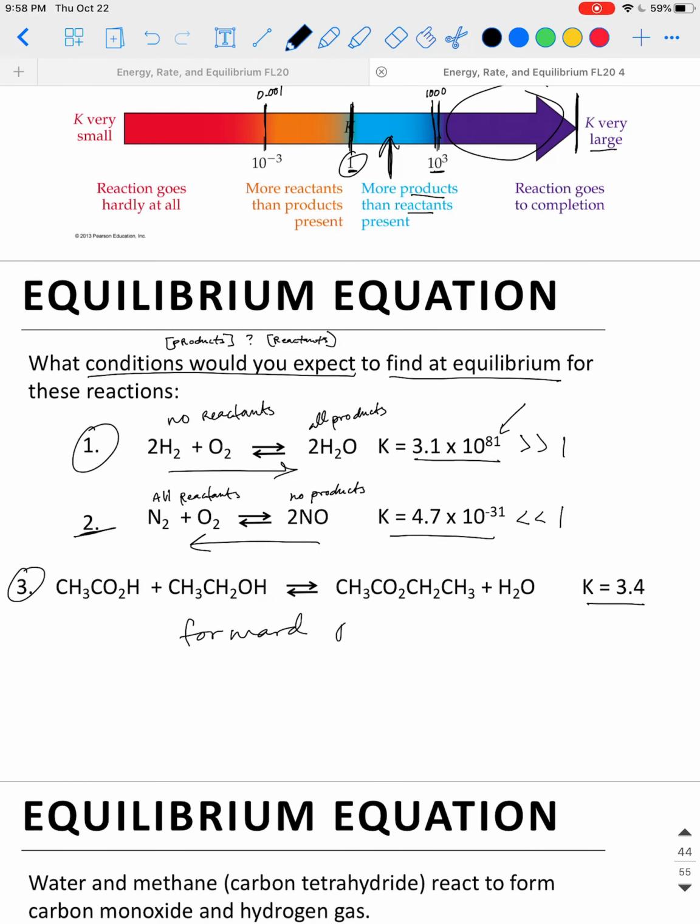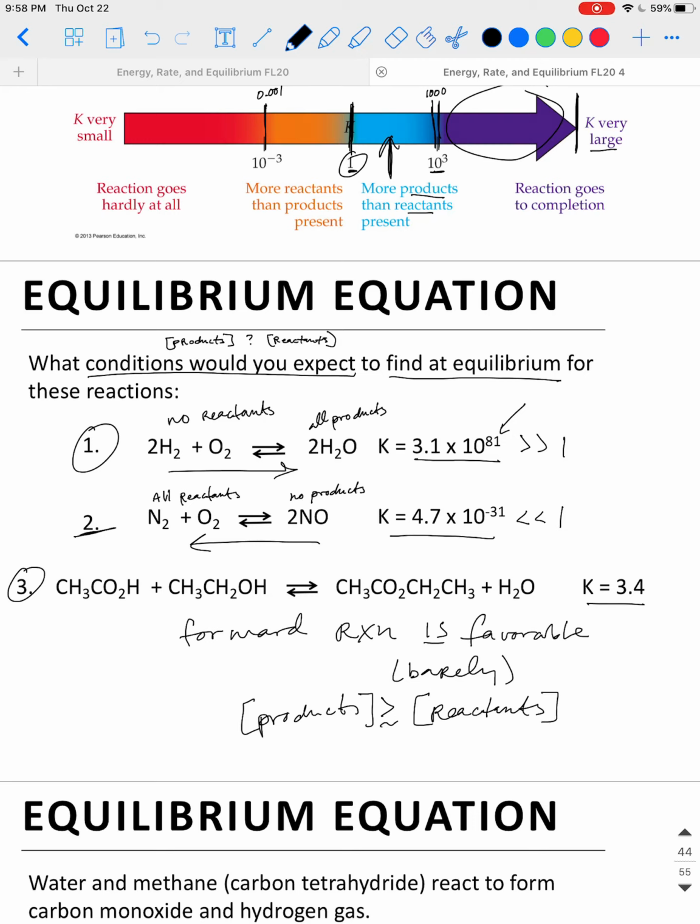So here, the forward reaction is favorable, but I'm going to write barely. The concentration of products is greater than the concentration of reactants, but not by much.